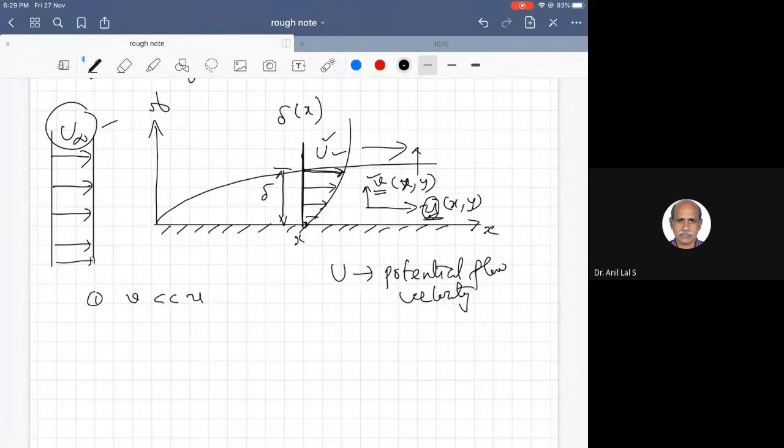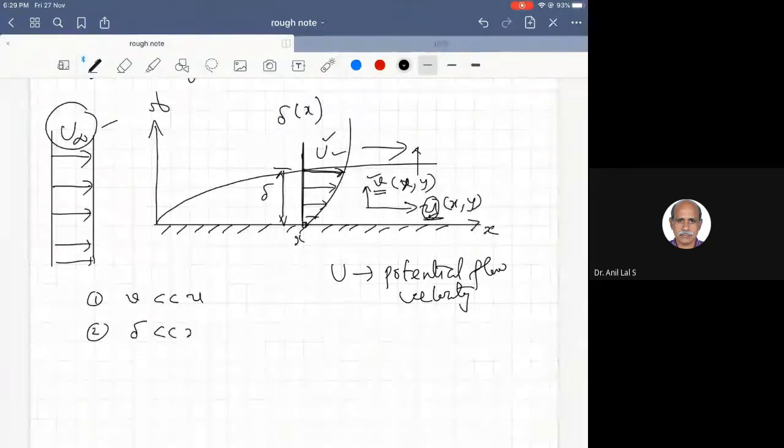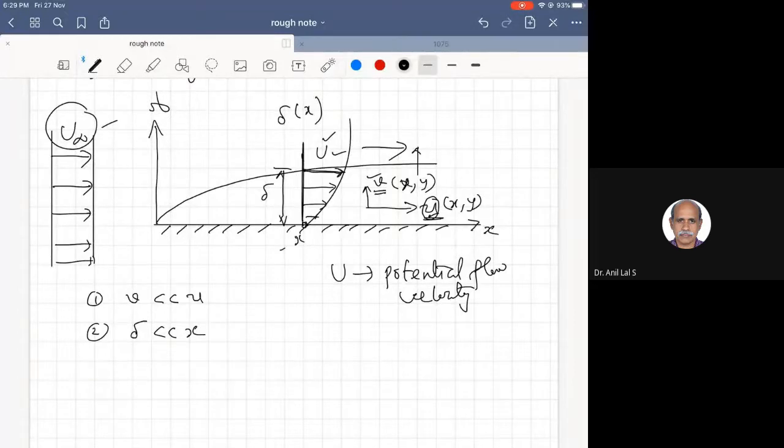Here the boundary layer is shown as an exaggerated size, but actually delta is much smaller than this. So for any value of x, delta is much smaller than x. But this is just for the purpose of showing it at a certain height for the sketch. But actually it is like this.